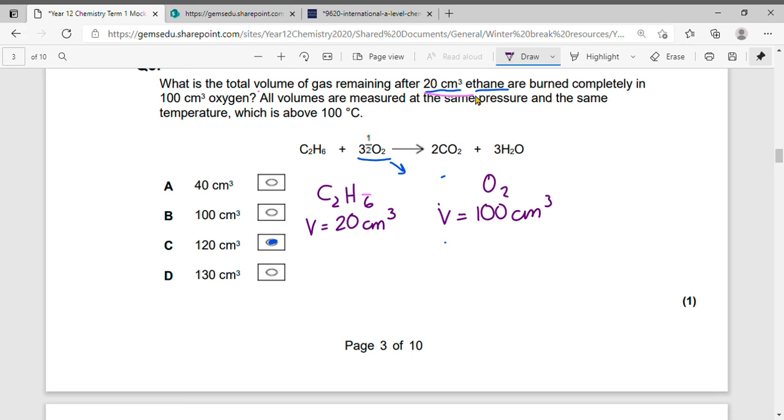Now we know that the molar ratio is 1 to 3.5. So what does that have to do with anything, you might ask? No, the concentration.